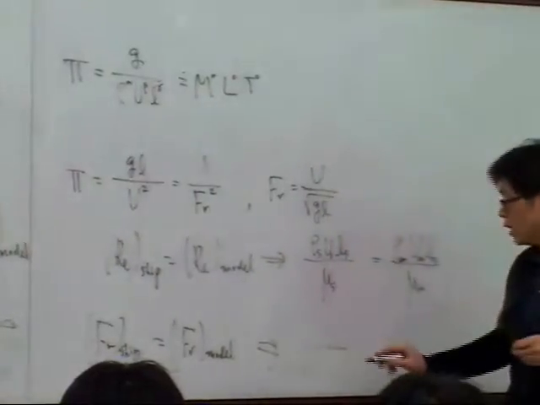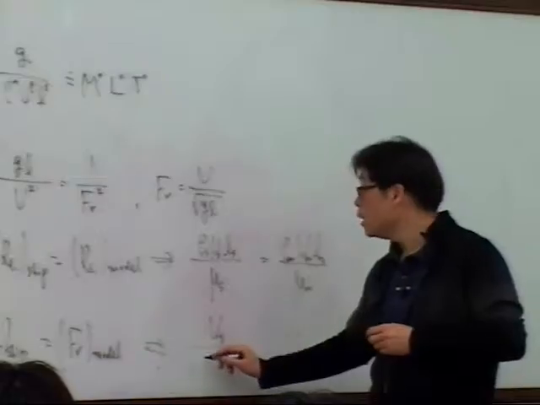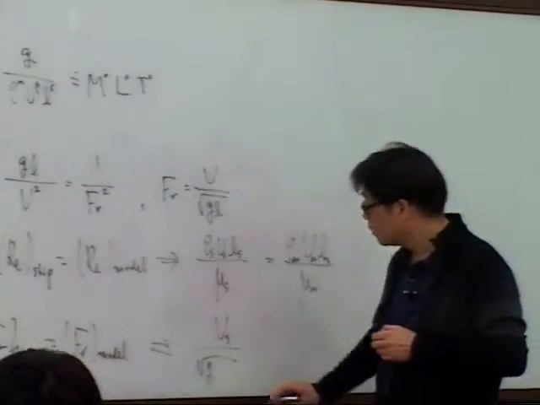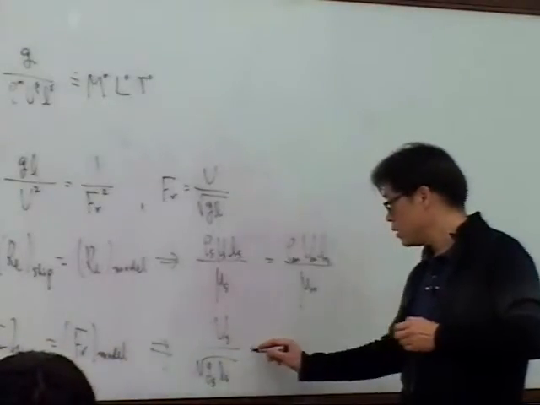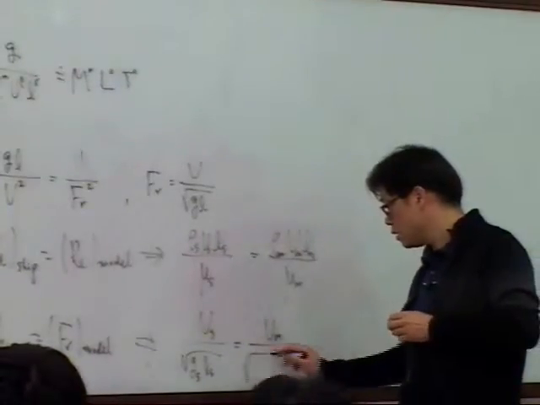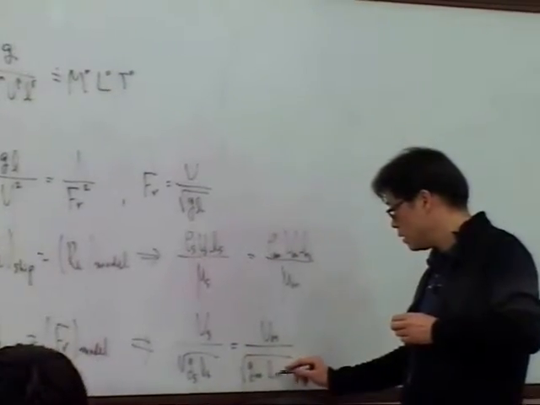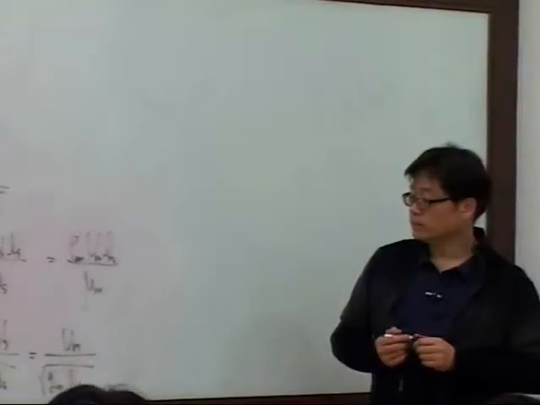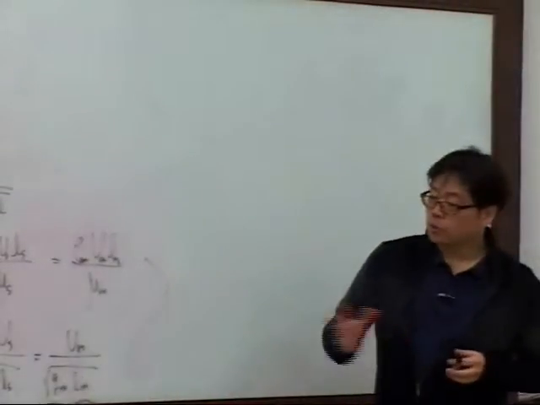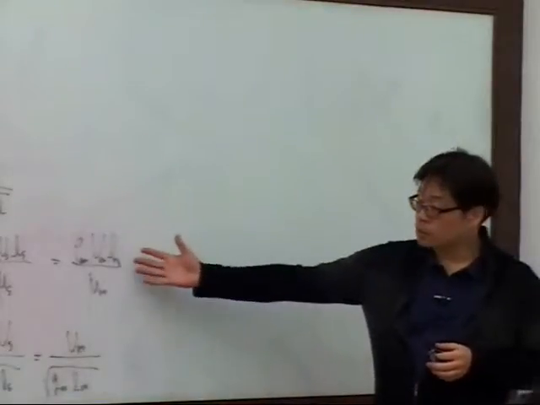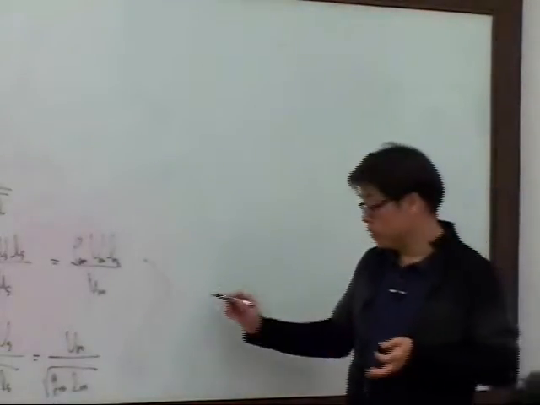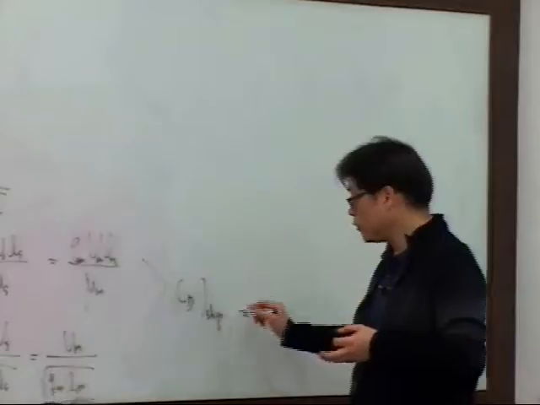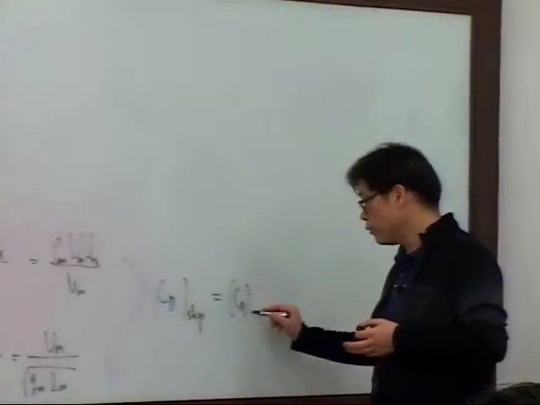then what happens is, once again, the reason why we are matching these two, Reynolds number and Froude number, is that when you have this, then the drag coefficient for the ship is the same as the drag coefficient for the model.